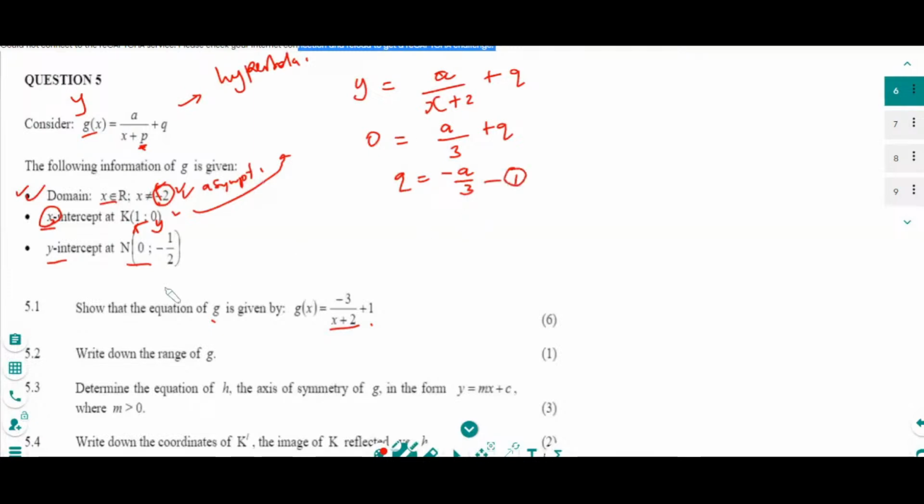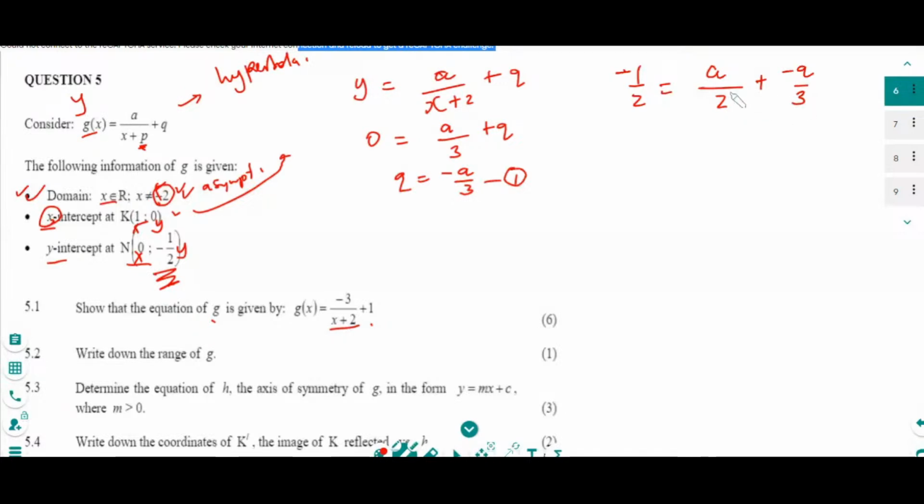Then I use the y-intercept. So this is x, and then that is y. So still from there, I'll have negative 1 over 2 is equal to my a over my x, we said is a 0. So 0 plus 2, that's going to be 2 plus my q. I can decide to use this, which is negative a over 3. And then I solve for my a.